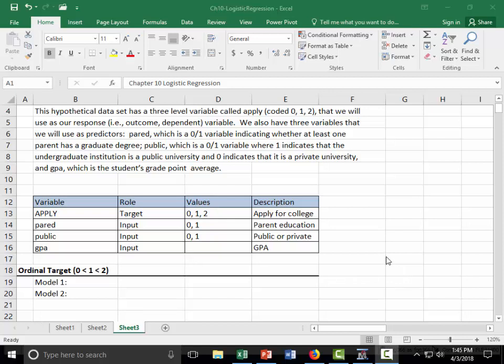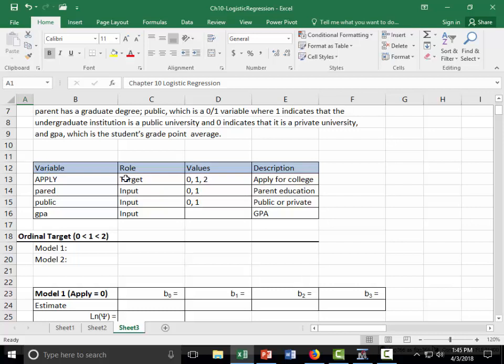So we need to look at this case of more than two values for the target. Okay. Two cases. One is that the target is ordinal, where the value of 0 is smaller than value of 1, and then 1 is smaller than the value 2.